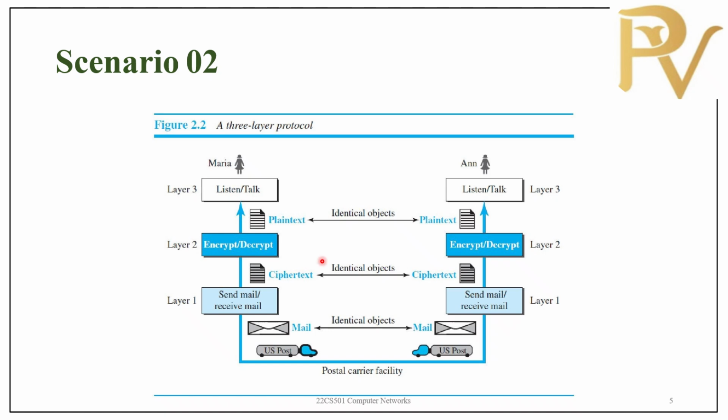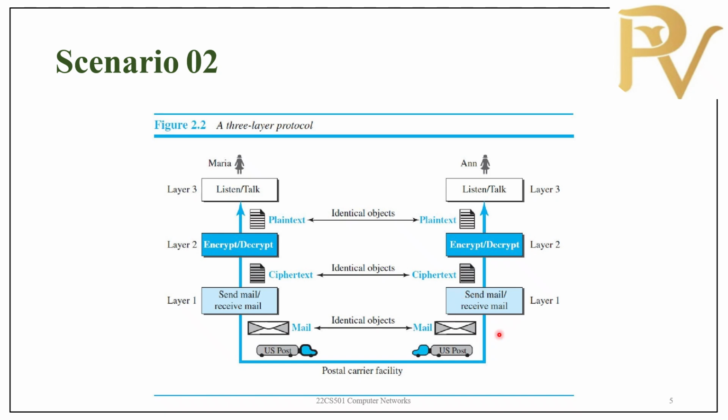Now what happens at layer two? The entire communication is encrypted. When Maria talks, whatever she says is encrypted at layer 2. Then layer 1, the layer below, just sends whatever she has spoken.